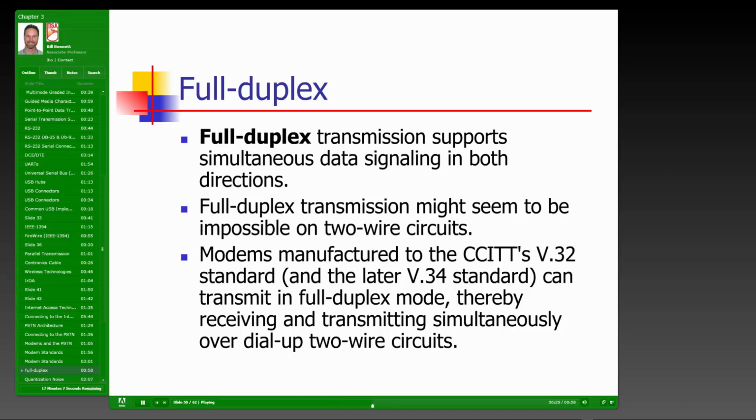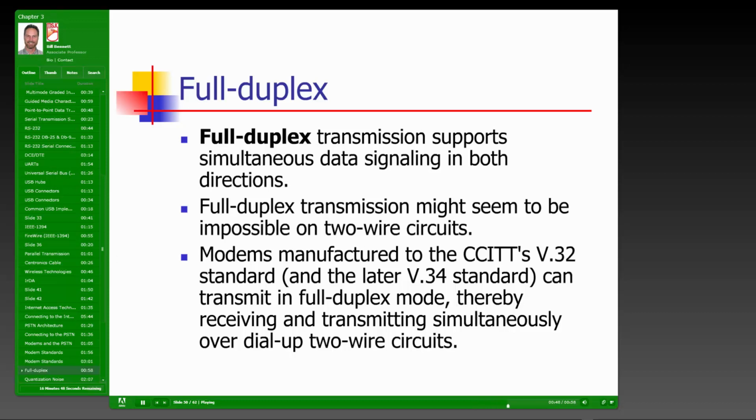However, modems manufactured to the CCITT's V.32 standard and later, including the V.34 standard, can transmit in full duplex mode, thereby receiving and transmitting simultaneously over dial-up 2-wire circuits.